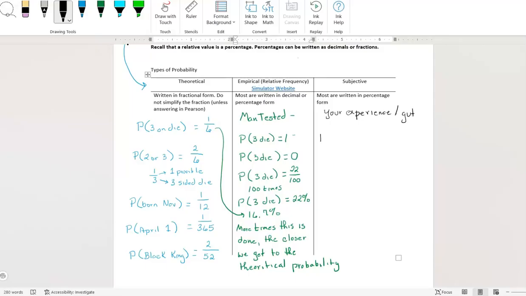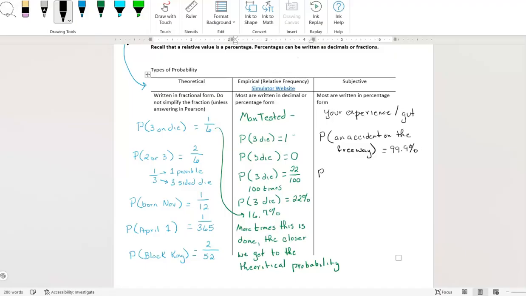And so what is the probability of an accident on the freeway? Well, depending on who you are and how often you drive and all those things, you would say it's probably pretty close to 100%. Now, it can't be 100%. That would mean it would always happen, but maybe we're going to say it's 99.9%.